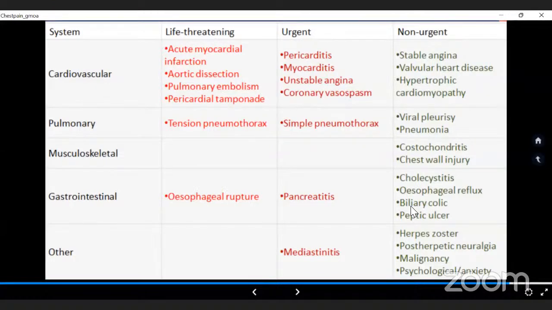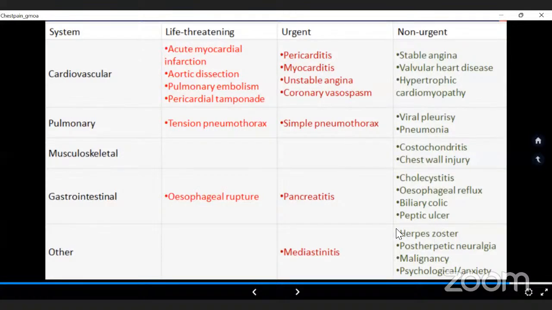Very important to identify, because you might treat for muscular pain, costal pain, and everything without examining the chest. That's a failure. So you have to identify the herpes zoster rash in the chest.